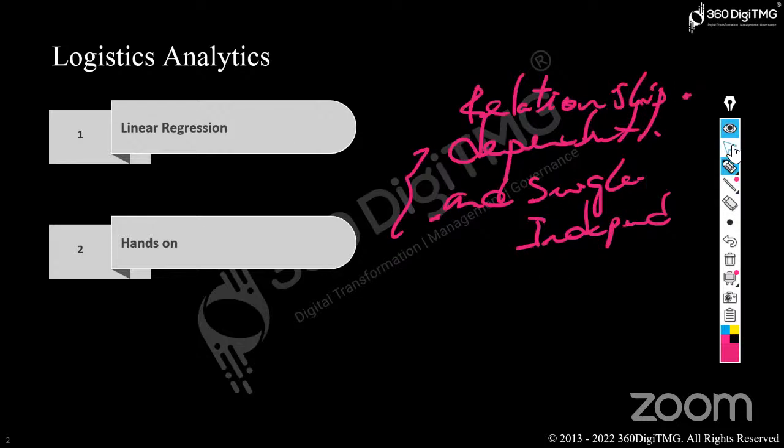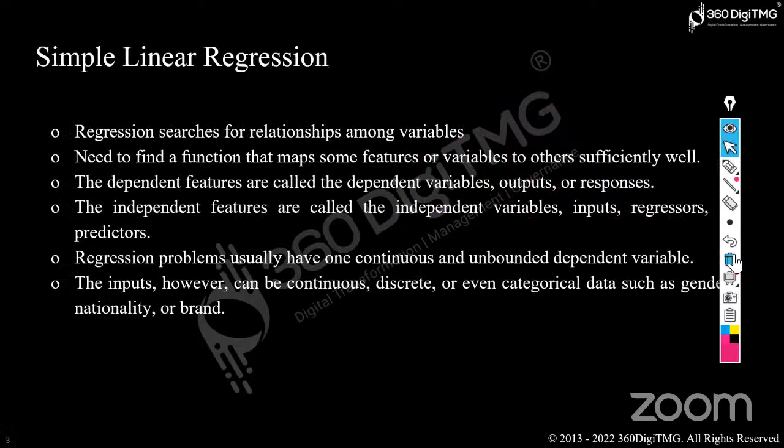Now, what will be your variables here? That is, key factors. When you talk about key factors, you have the dependent variables, right? It is talking about the relationship between your dependent variable and independent variable.